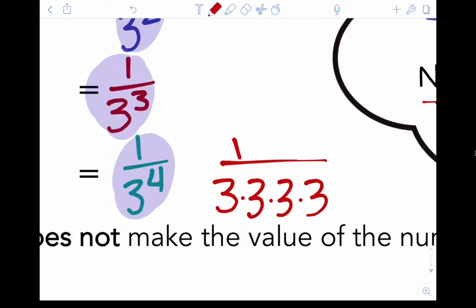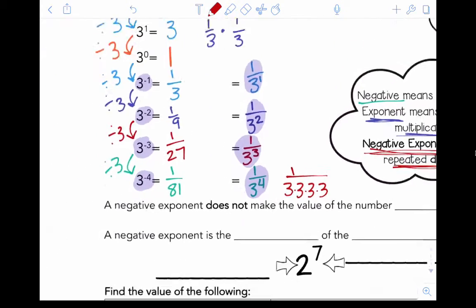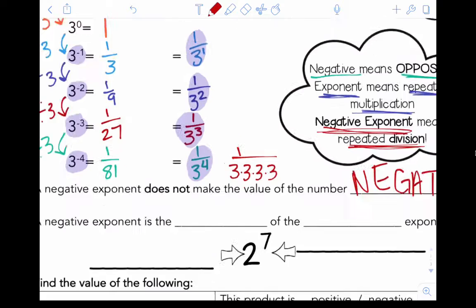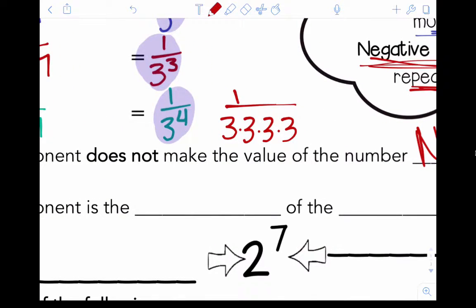One thing that I want to make sure is really clear is that a negative exponent does not make the value of a number negative. It does not make it negative. A negative exponent is the inverse. I'm now using the word inverse in place of reciprocal. But when I say inverse, I'm talking about reciprocals.